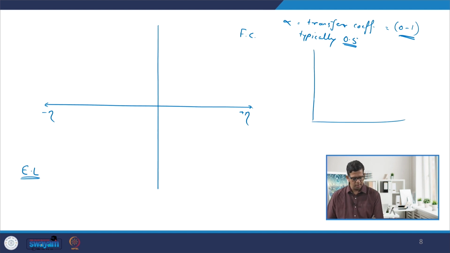So, let us take the example of the equilibrium condition, wherein the net reaction, or the net current flowing in the circuit, is 0. Now, let us tune this alpha and see what happens. I am going to use purple color. So, my alpha, let us say, is 0.25. So, 0.25 means it will be shifted like this.